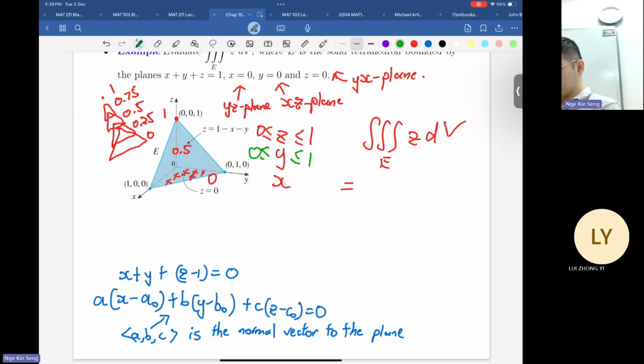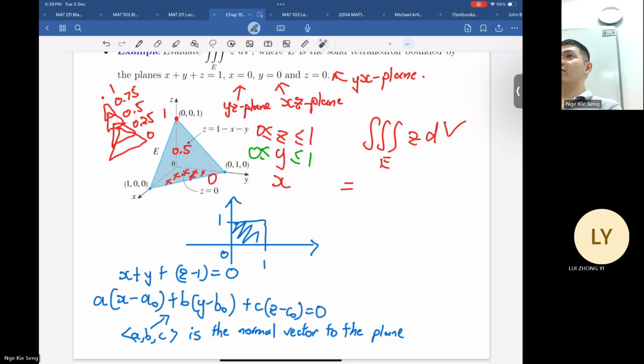So where is this square here? Z is from 0 to 1. Y is from 0 to 1 as well. So you get a square. But did you see a square here? No, right?